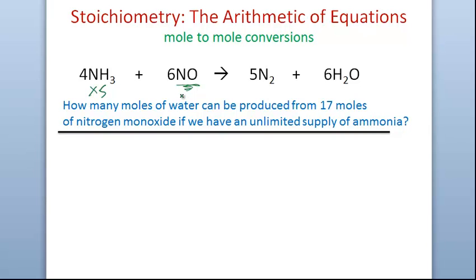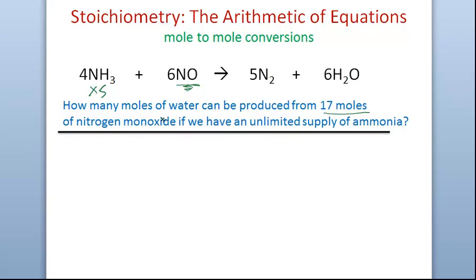In fact, how much of this are we given? Well, 17 moles. Okay, and the question is, how much water can we produce from that reaction? Okay, so I think you can see that if you step back, what are the two coefficients that we need to zero in on here?